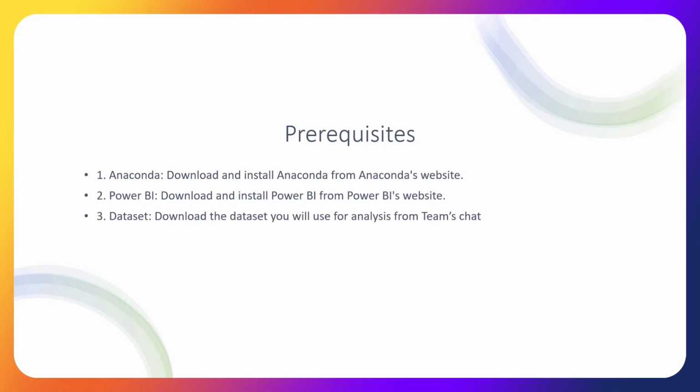The links to these three prerequisites are in the description of this video, so you can go through the description and click on these links to get whatever resource that you need. You can just pause this video, make sure you download the data set, you download Power BI if you don't have, and download Anaconda if you don't have it as well.